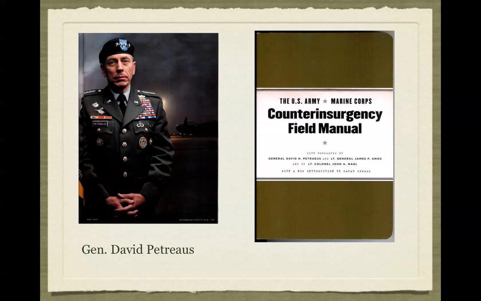So they developed what's called the three-block war. On the first block, it's a traditional conventional war where they're fighting uniformed military. And that was with the Iraq invasion. That was Block 1. Block 2 is fighting an insurgency where combatants are wearing civilian clothes. They slip into civilian populations. So this was something new that the Marines had to learn how to deal with.